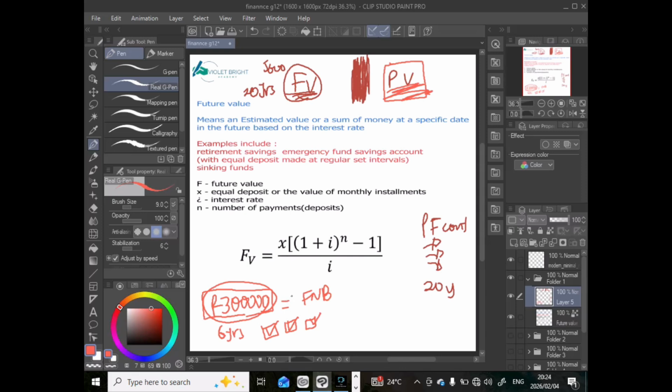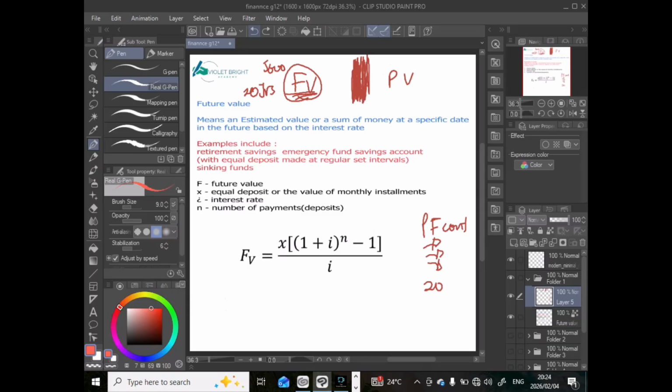So these are the two most important topics that we will be dealing with under grade 12 finance, which is just easy. I will make sure to explain everything for you in a way that you understand it.